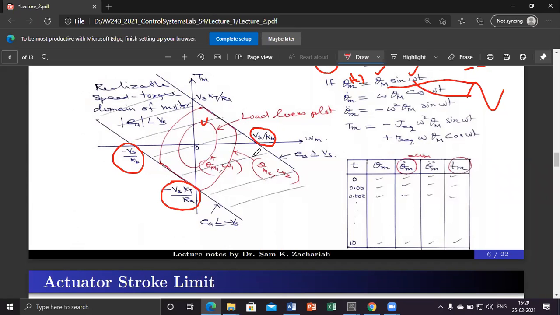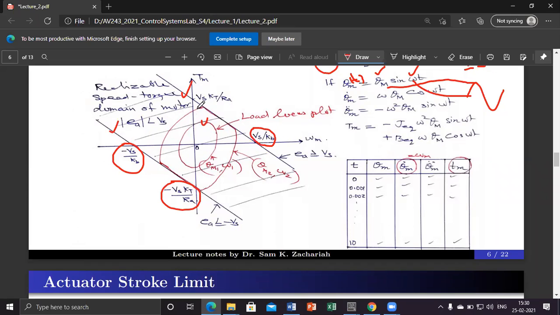If the speed torque requirement of the load is not touching the extreme limits of the speed torque boundaries of the motor, given these are the two boundaries, then the motor is able to deliver this speed torque combination without touching any nonlinear limits.